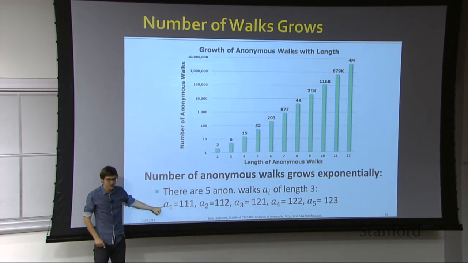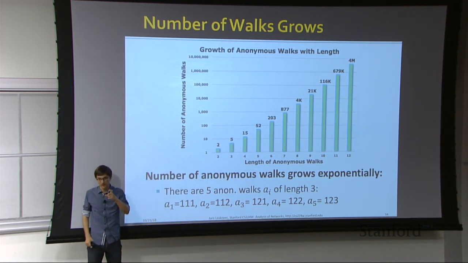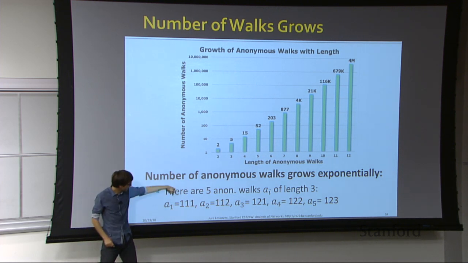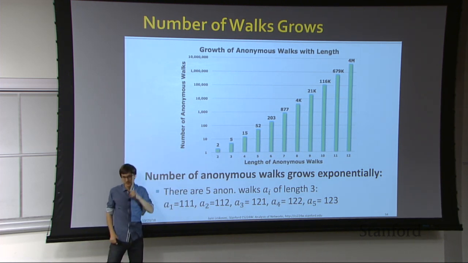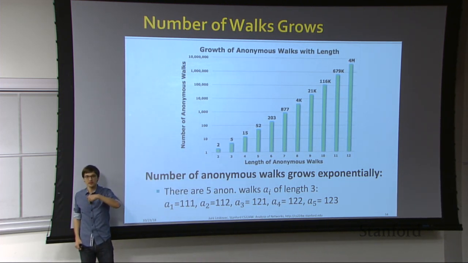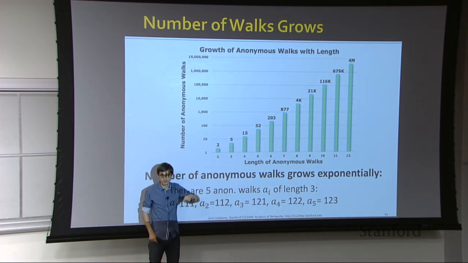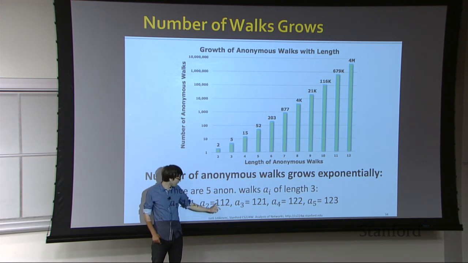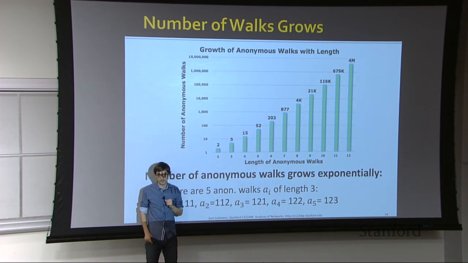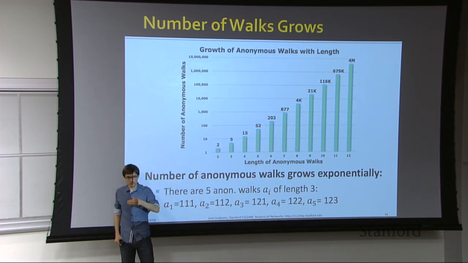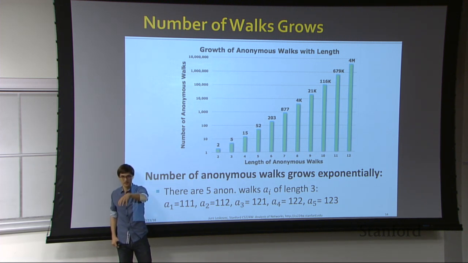So here's a little exercise. What are the 5 anonymous walks of length 3? One is 111, right? I start at a node and I visit it 3 times. The next one is 112. This would be AAB or BBC or something like that, where I first visit the same node twice, and then at the third step I visit a new node.